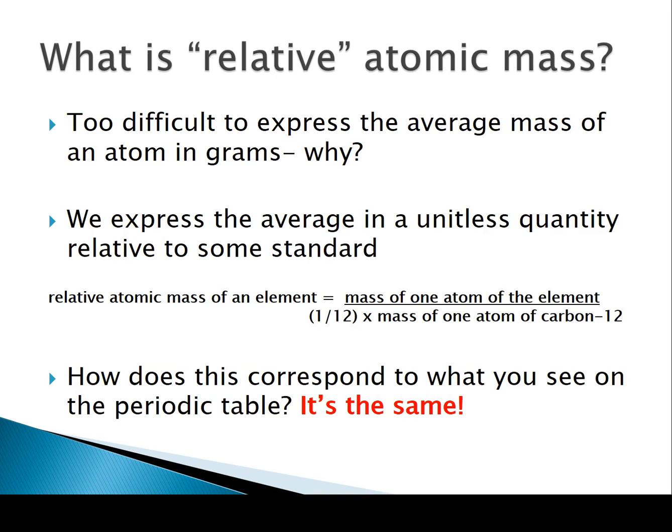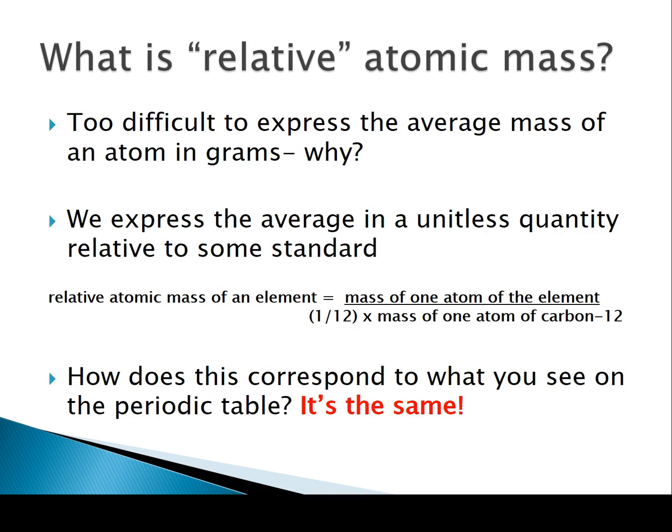All right, so what is relative atomic mass? We can't really measure the masses of individual atoms very easily because individual atoms are very, very tiny. We cannot isolate them, and even if you could, you can't put an atom on a balance and get a reading. So they derive the mass using a unitless quantity that is relative to some standard, and that standard is an atom of carbon-12.